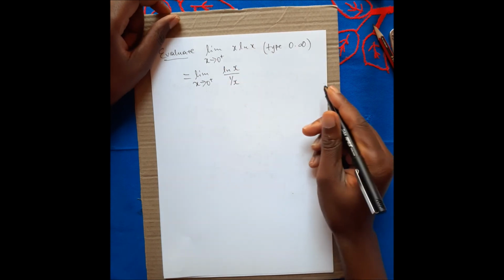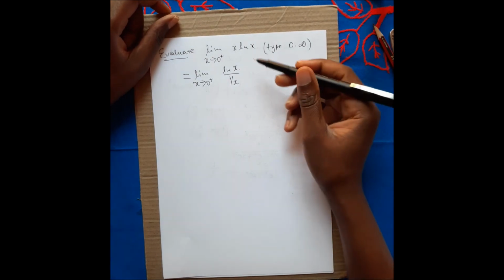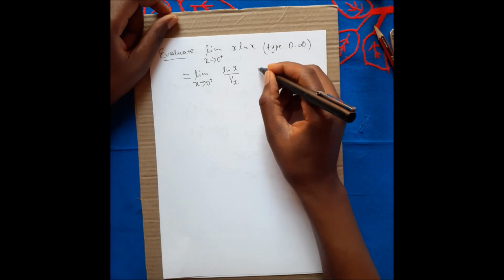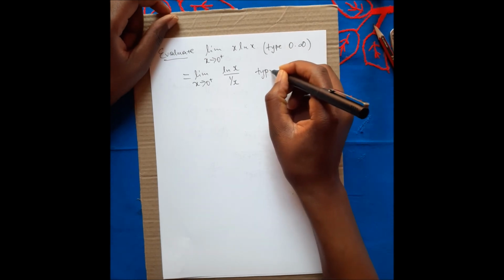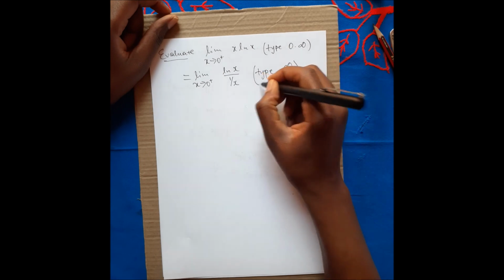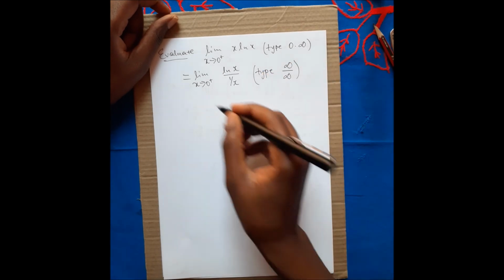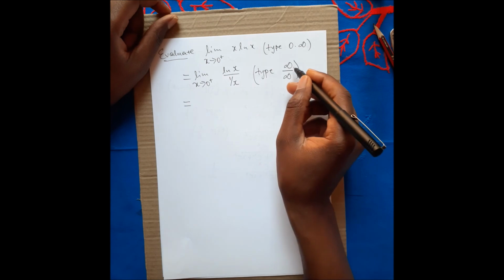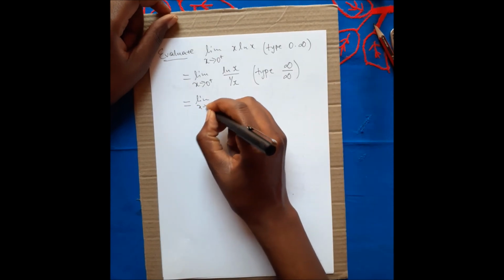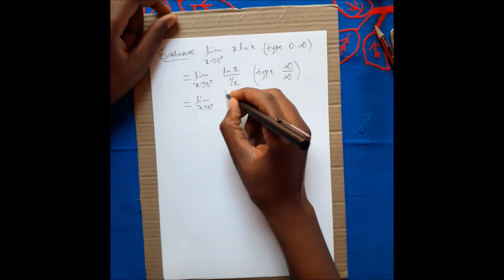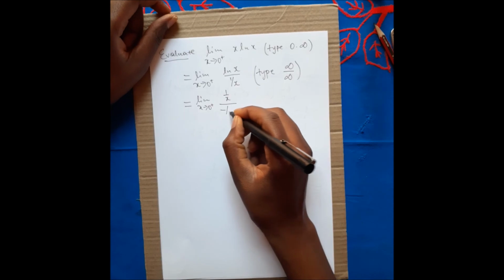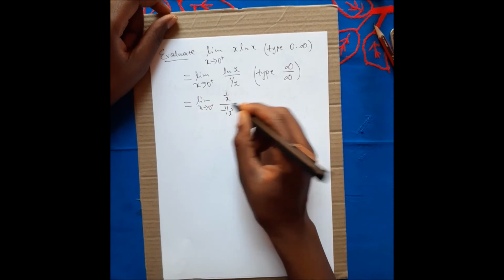Still the same thing, isn't it? So now if you substitute, you will get type infinity over infinity. And now we can apply L'Hopital's rule to this one. So we have the limit, x approaching 0 from the right, of 1 over x divided by minus 1 over x squared.